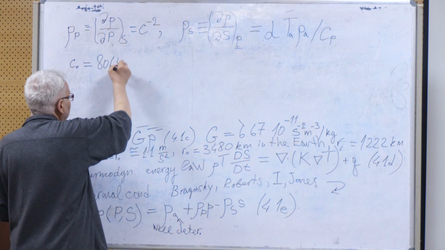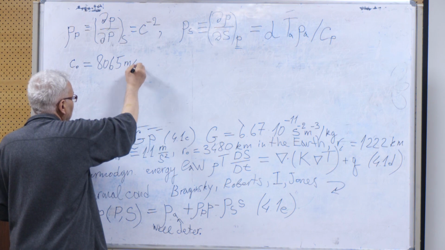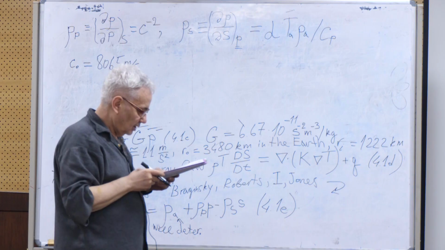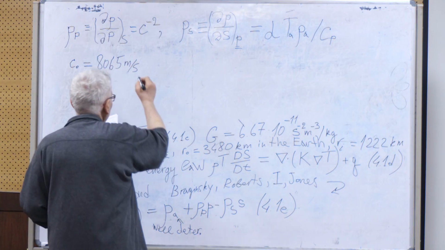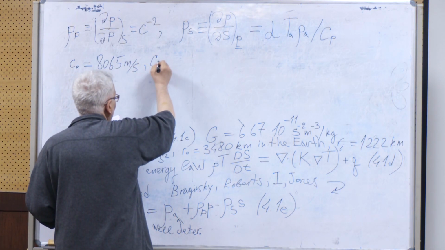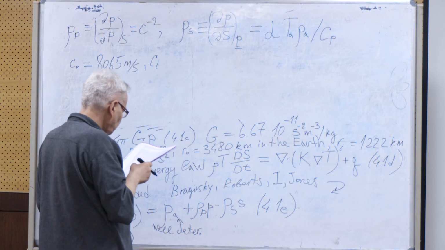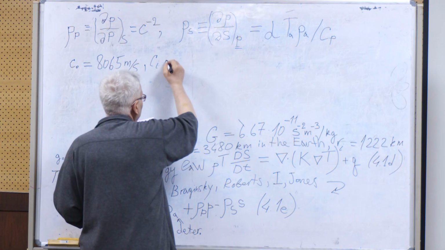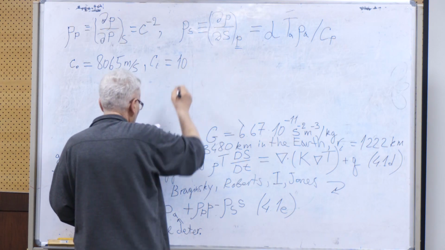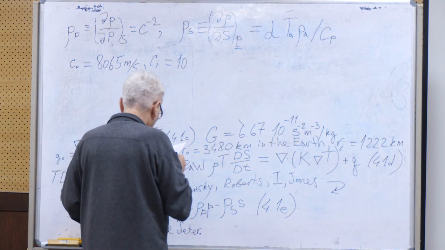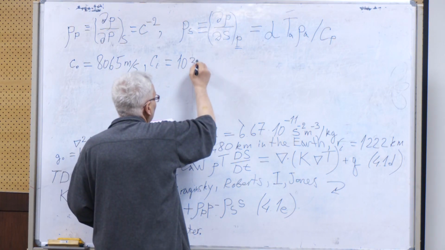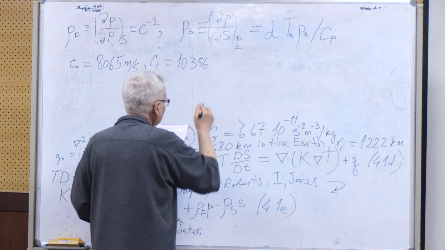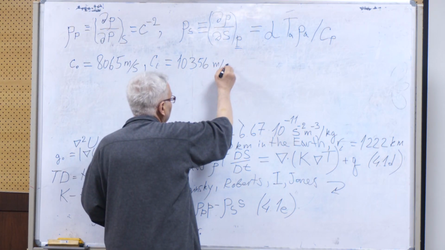And it can be measured quite precisely. And if we consider the inner core position, then this speed of sound is even greater because the density becomes greater. It's about 10 to the, and it's a rather well determined value, meters per second.